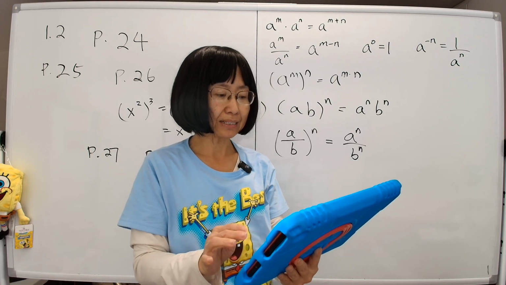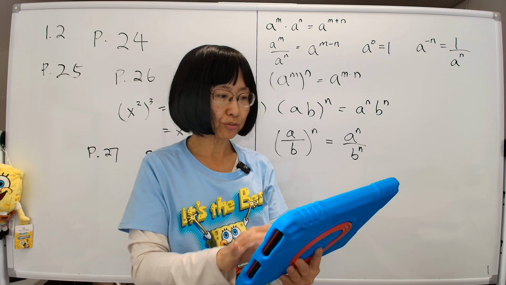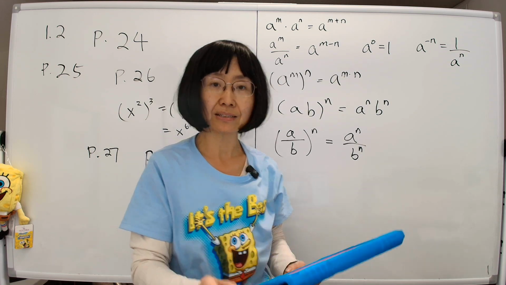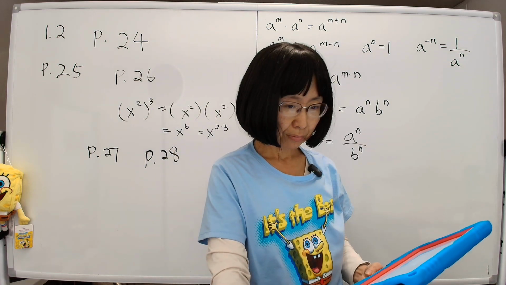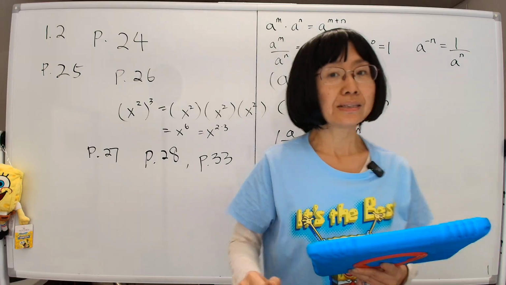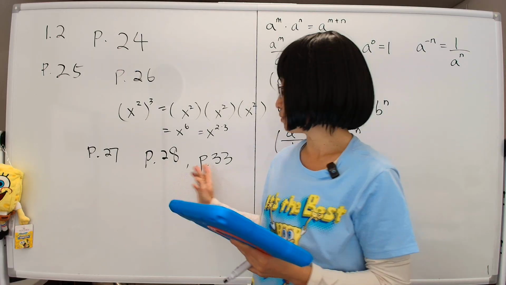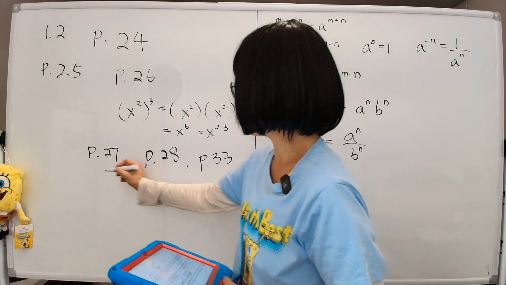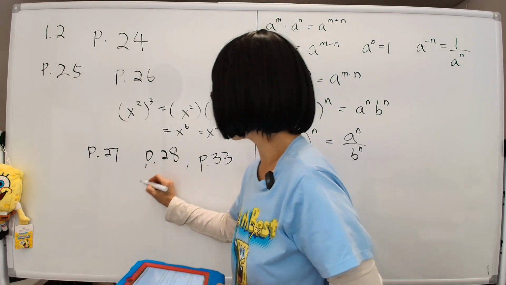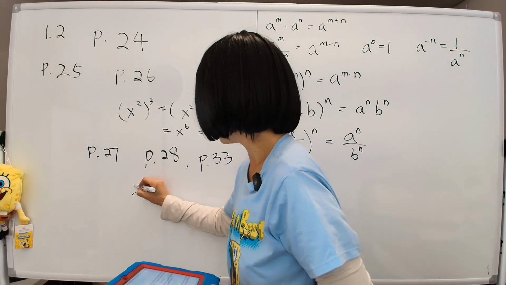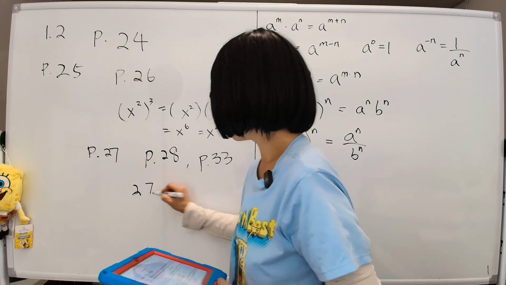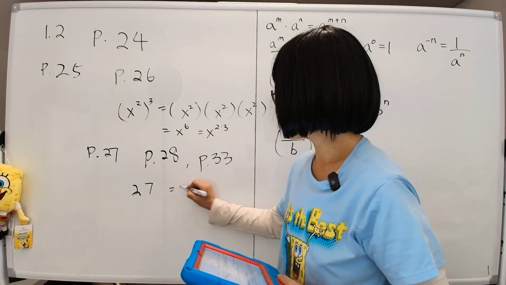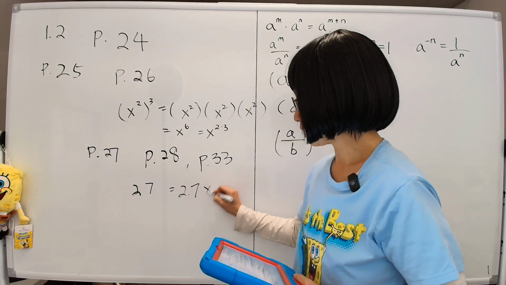And so that's that. Now we have come to page 33, scientific notation. Scientific notation is the concept that if you're given a number, let's make up something, say 27, I can write it as 2.7 times 10.